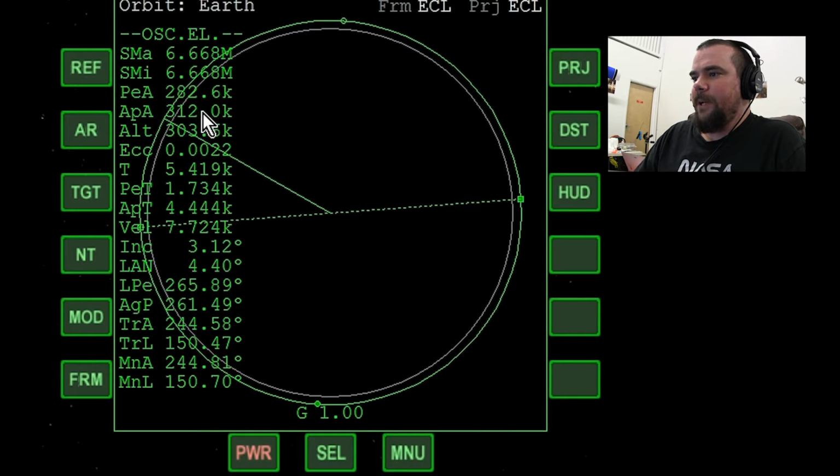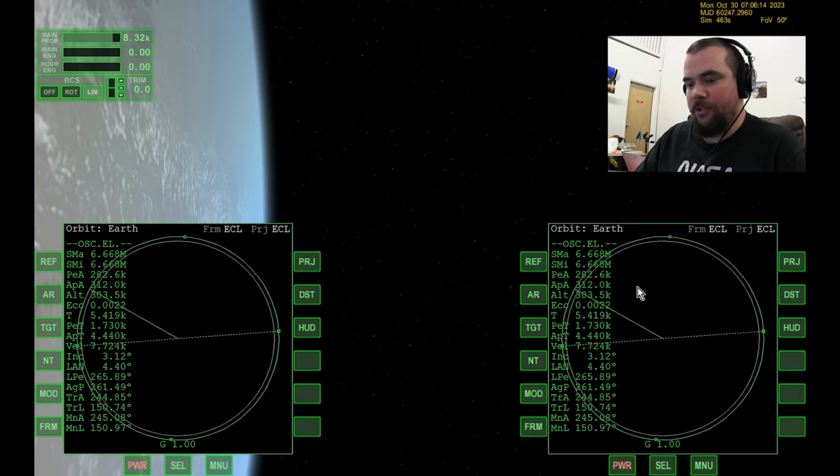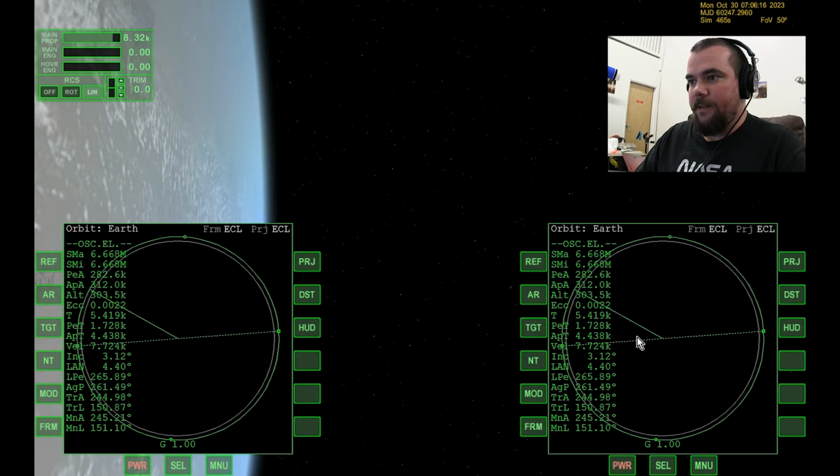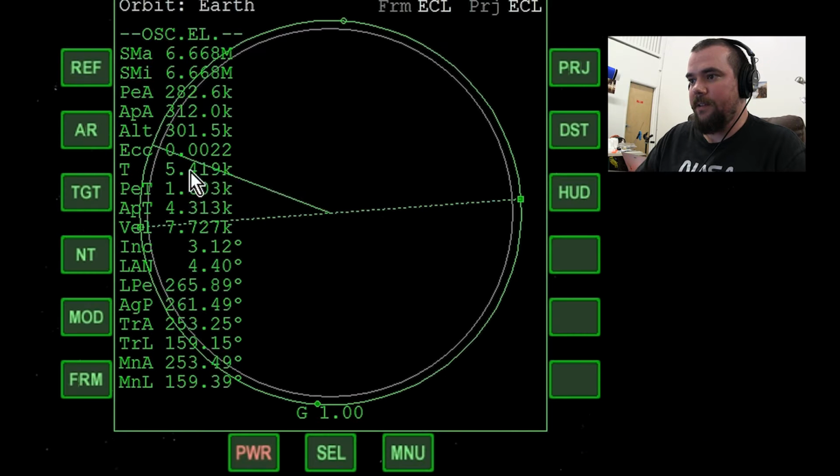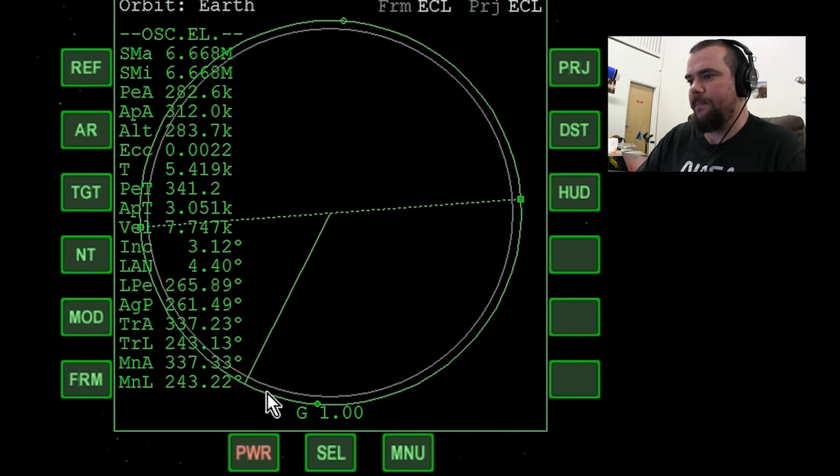So what I want to do right now is change my orbit. Actually, let me show you this first real quick. I'm just going to warp time ahead so you can see this moving. That's my spaceship moving in its orbit. The distance between the green and the gray there is my altitude.